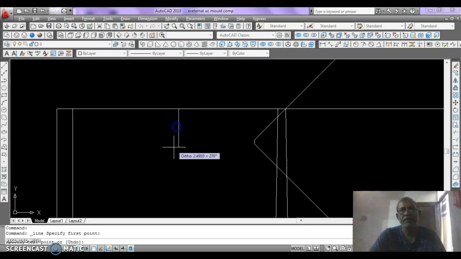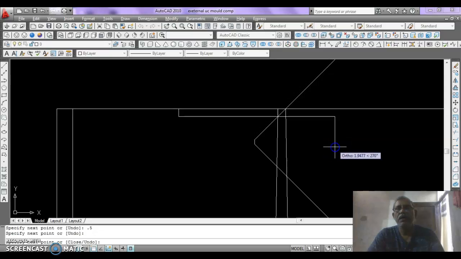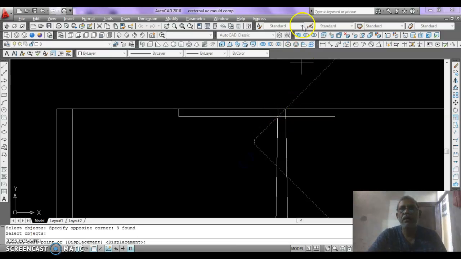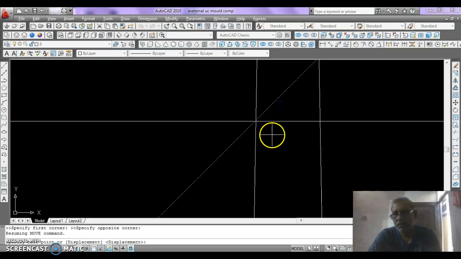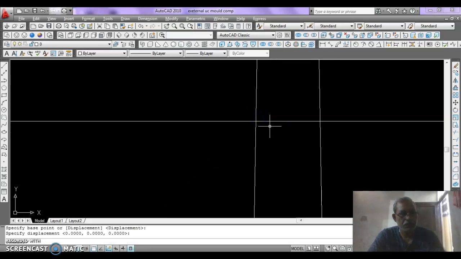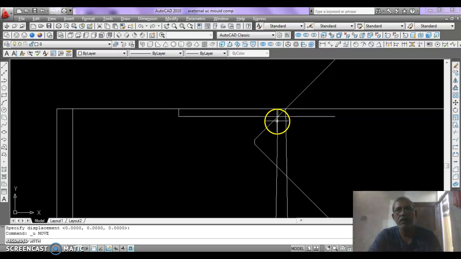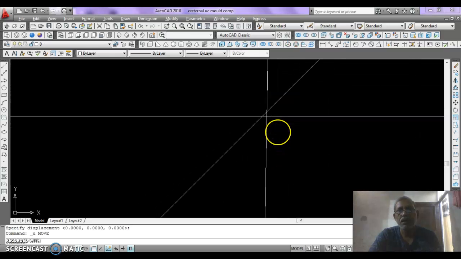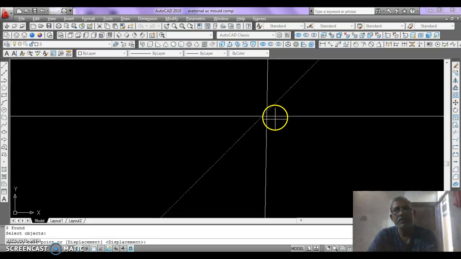Just draw a line here, 0.5, and then move all this profile from the intersection of this, Control Z, move previous intersection to the perpendicular.